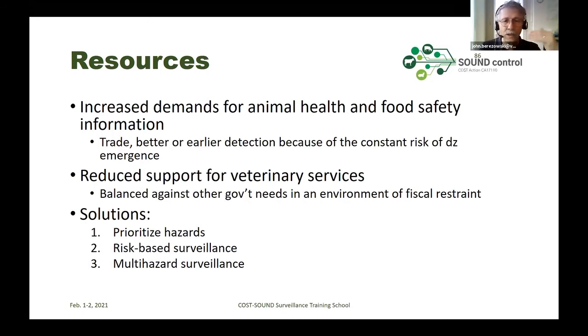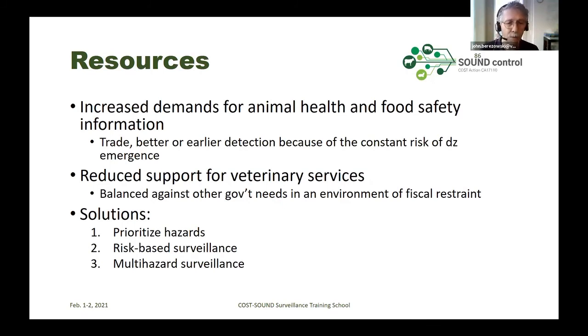So there's this constant demand for more information, and I don't see that we're getting more resources for veterinary services. Sometimes we are, and usually when there's a serious disease epidemic or outbreak, we often get a flush of resources that lasts for a little while, but then they're often reduced and reduced and reduced.